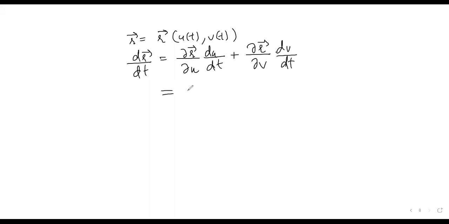So that means it is actually r sub u into du by dt plus r sub v into dv by dt.